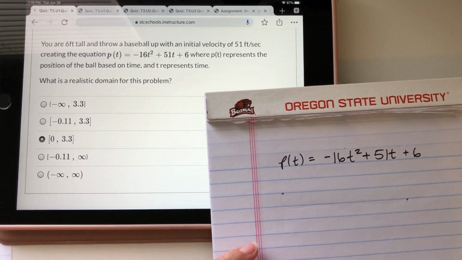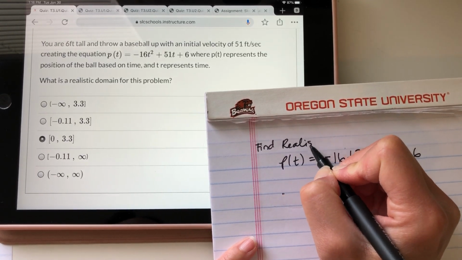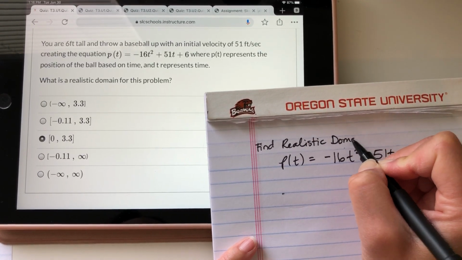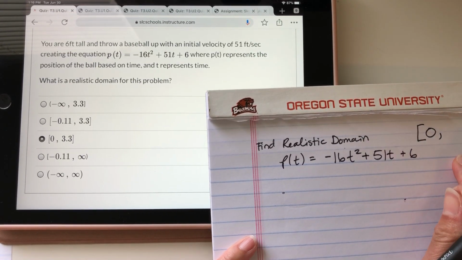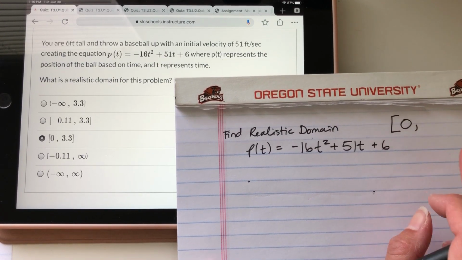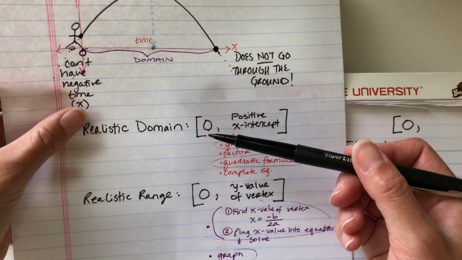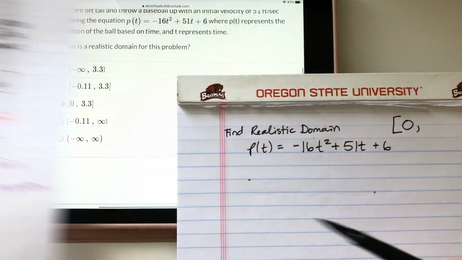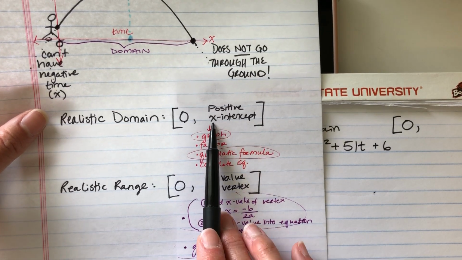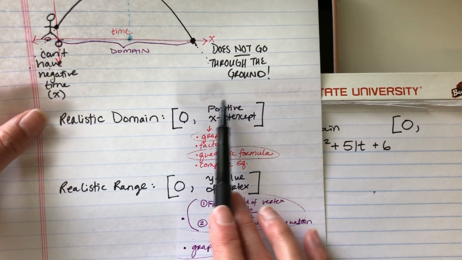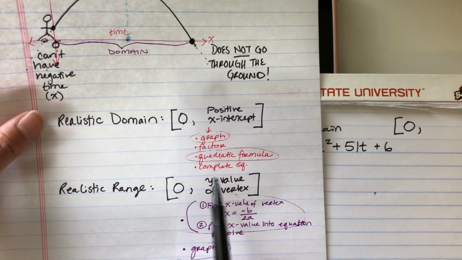The question is asking to find the realistic domain. Now, I know already that it's going to be 0 to something because we talked about this before. Realistic domains and realistic ranges are always going to have a minimum value of 0. So for the realistic domain, it's 0 to the positive x-intercept. So I have to find that positive x-intercept, which I can do by graphing or the quadratic formula.